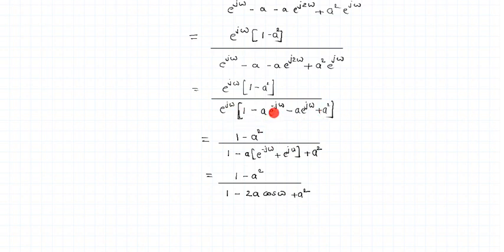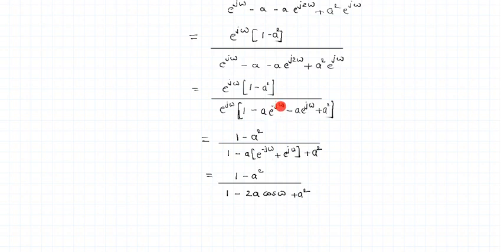Right, in the denominator we have done a kind of rearrangement here. Now we have this term after cancelling e raised to j omega. Closely observing the denominator, we see we have terms like e raised to minus j theta, e raised to plus j theta. My theta is omega here.